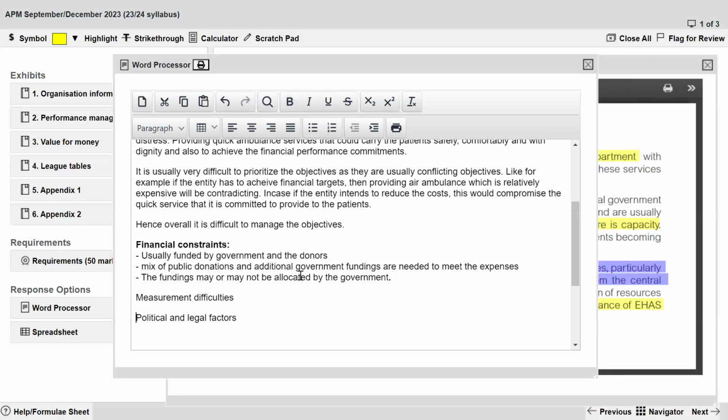Now see, so we have actually talked about it. Now the measurement difficulties. Usually the objectives are conflicting.